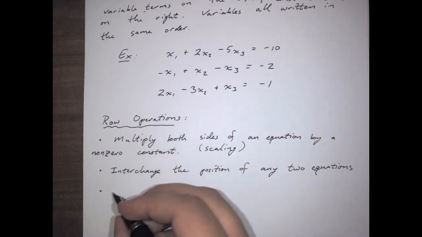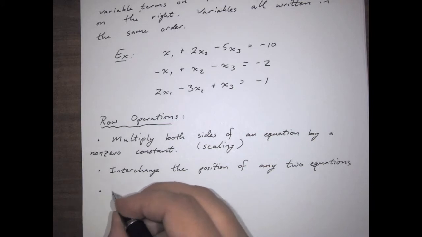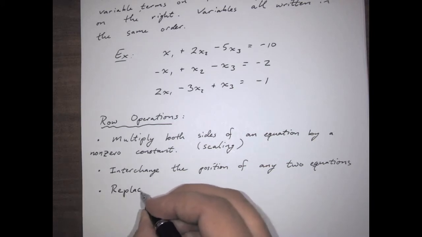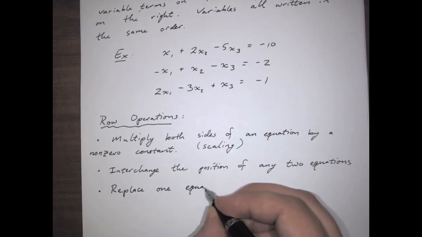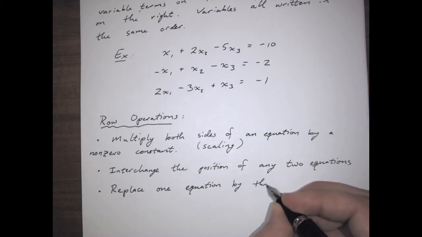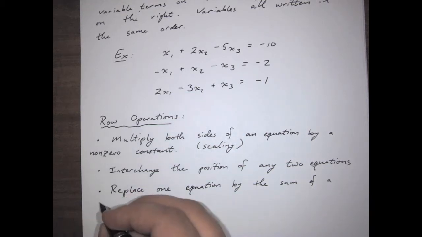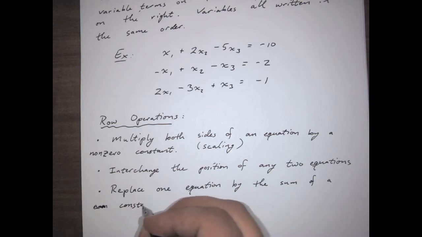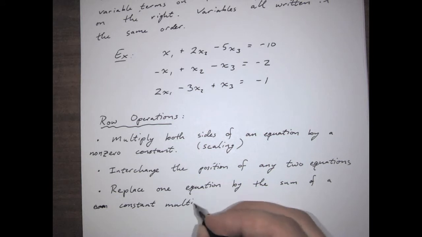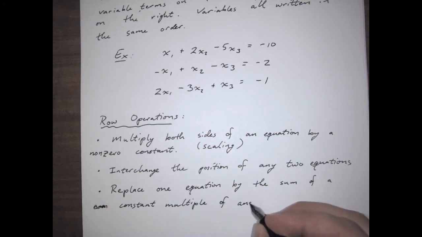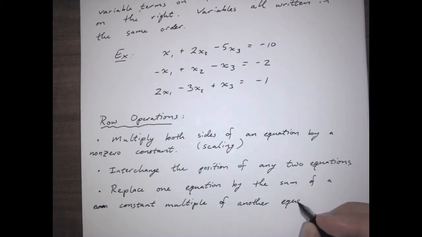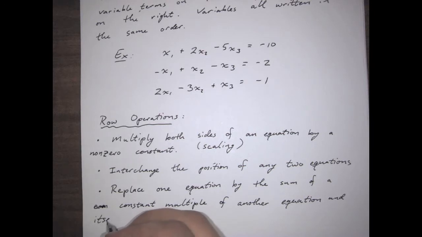But anyway, here's how we'll word it. We can replace one equation by the sum of a constant multiple of another equation and itself.